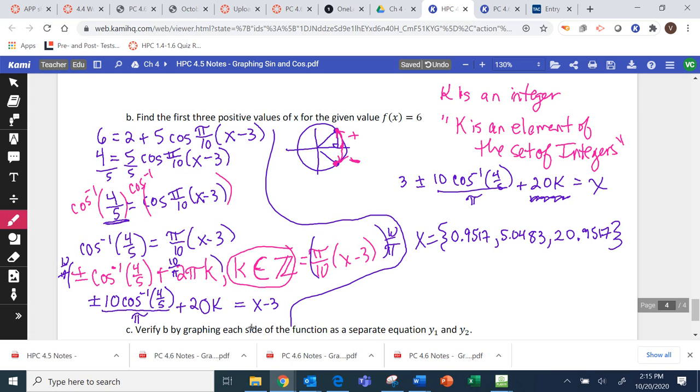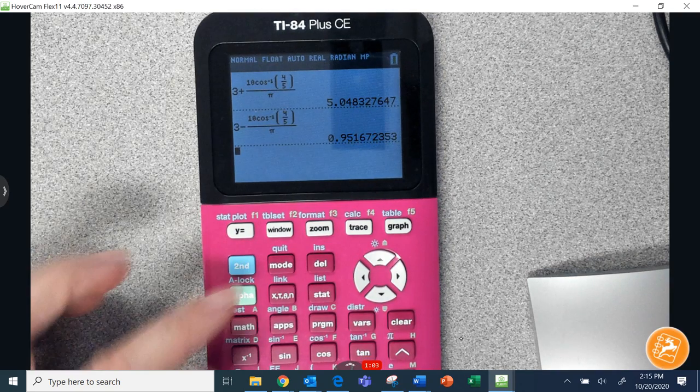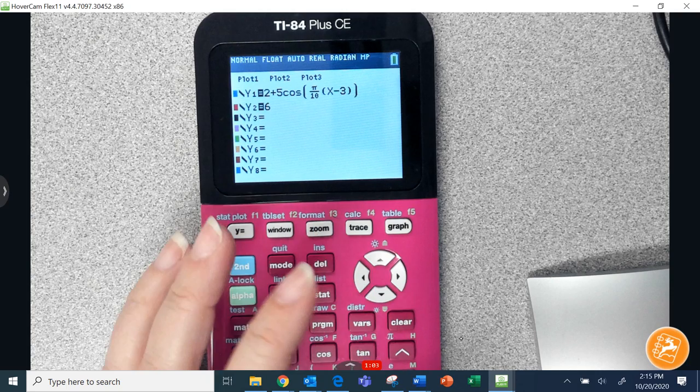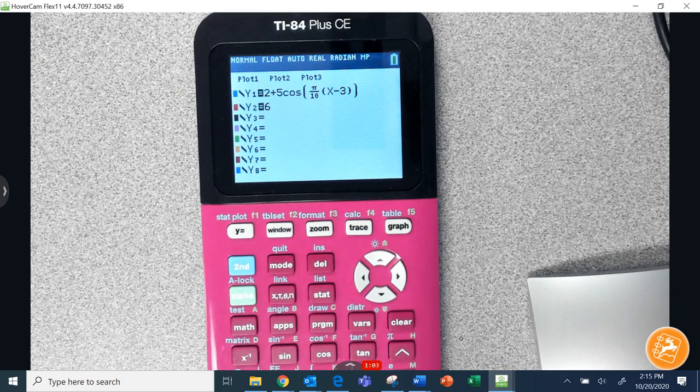Okay. Now we're just going to check our answers with the calculator graphing. Okay, so we're just going to make sure that it all works. And so we're going to turn to our graphing calculator, and it says what to do on there, but like it'll say on your assignment as well. It says make y1 the function, the f of x, make y2 what it's supposed to equal, 6.